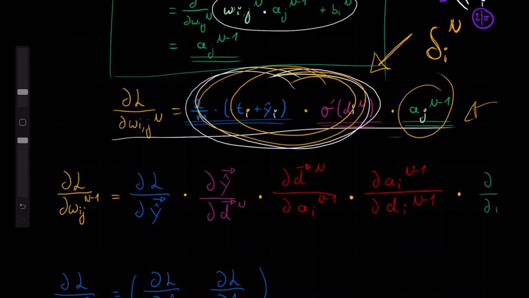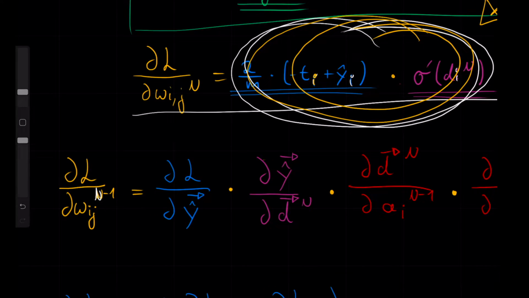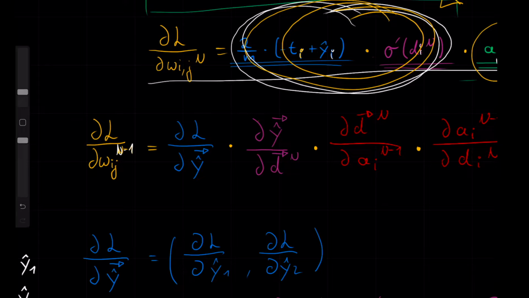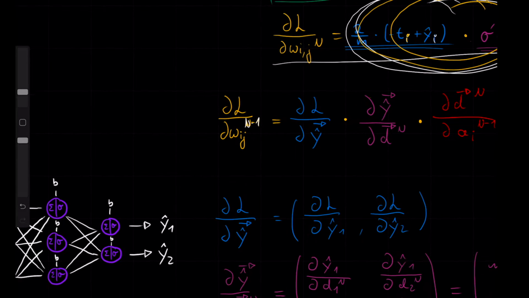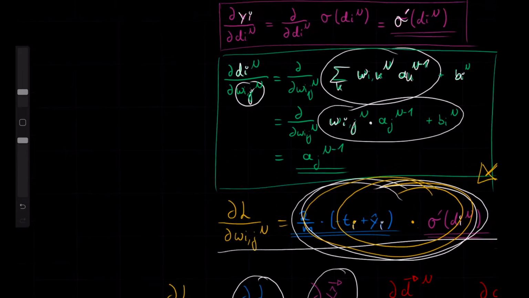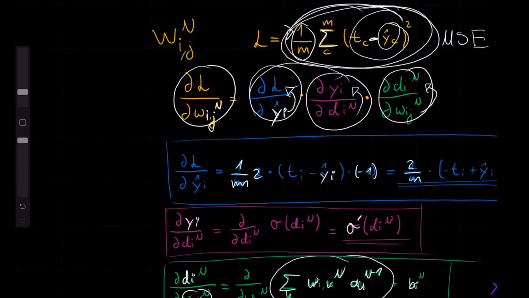And now, just as the word backpropagation suggests, we will take one step back. So we will go to the n-1th layer. And here things will start off very similar. So first we consider how the loss changes with respect to the activation. Then we consider how the activation changes with respect to the drive, and so on. So compared to the last layer, this is very similar.